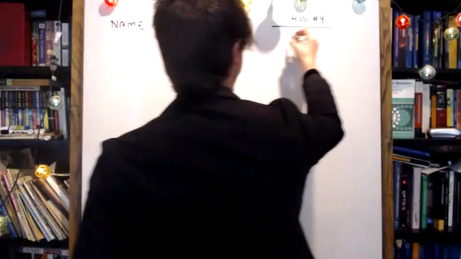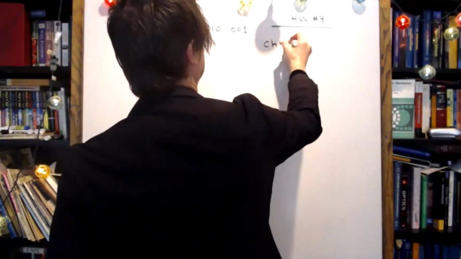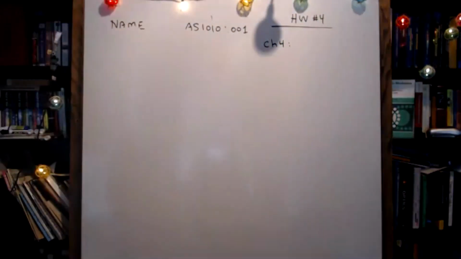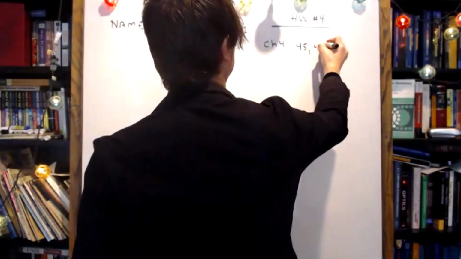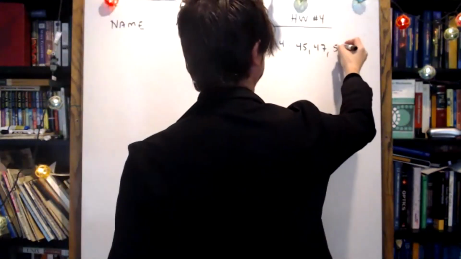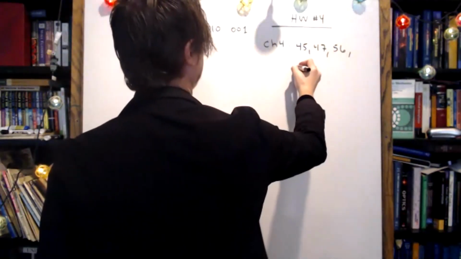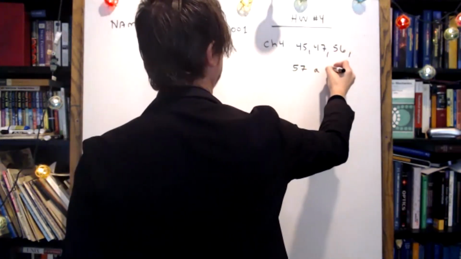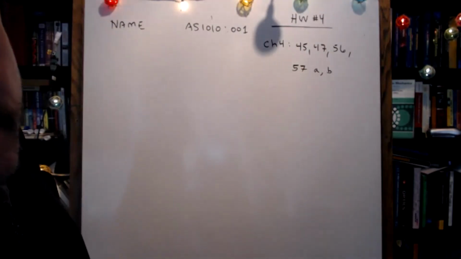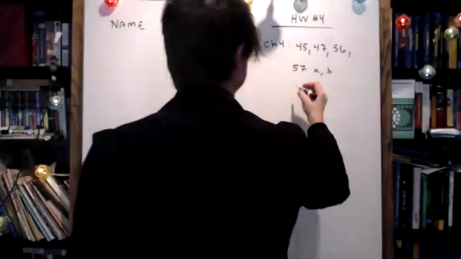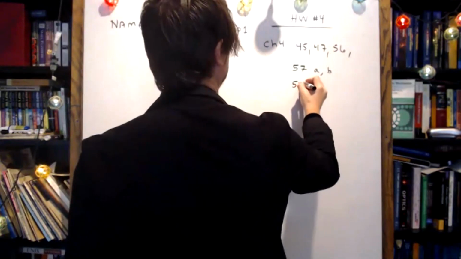And homework number 4 is chapter 4. Okay, give me the numbers. 45, 47, 56, 57, A, B, and C. And I might have us just do A and B. Let's see how far we're getting along. And 58 A and C.